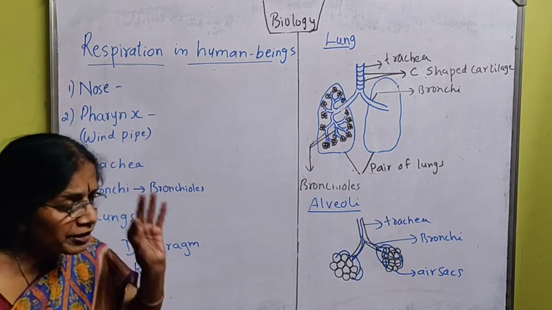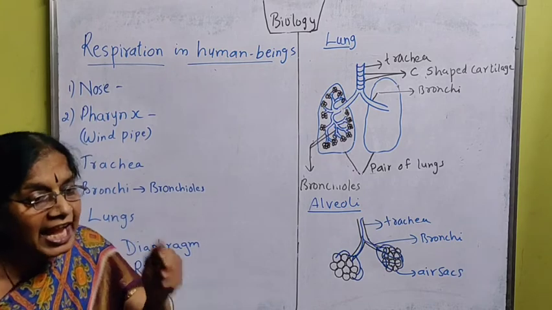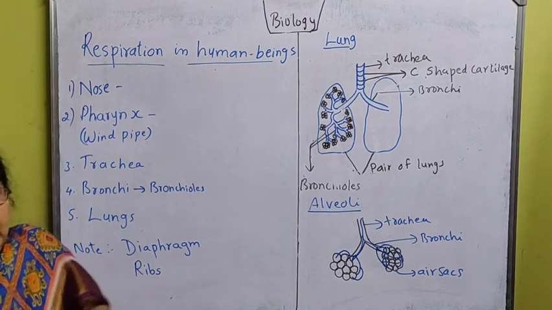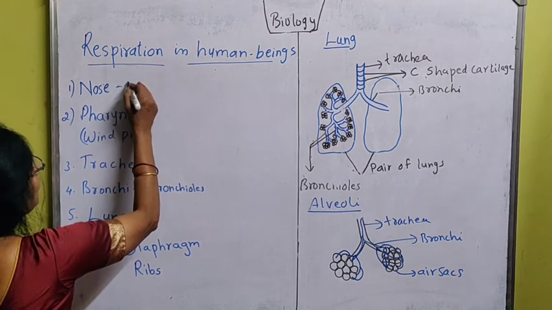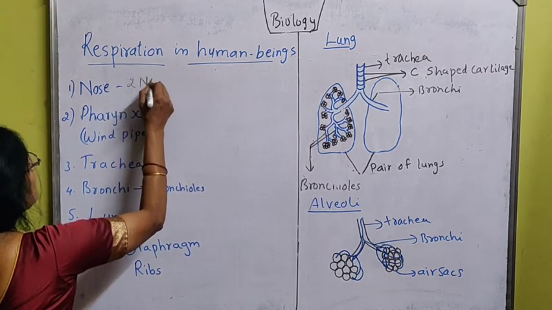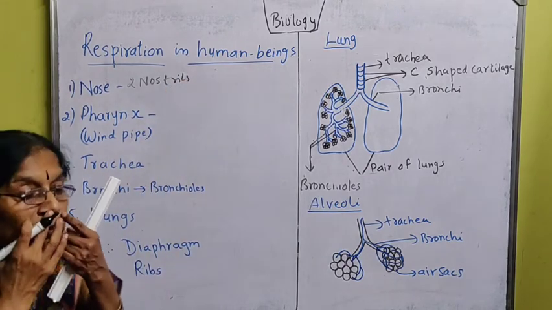So, the nose. It is a very important part because the atmospheric air passes through the nose, and in the nose we have two nostrils, the holes which are there.